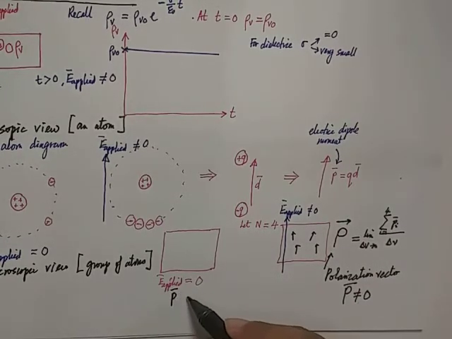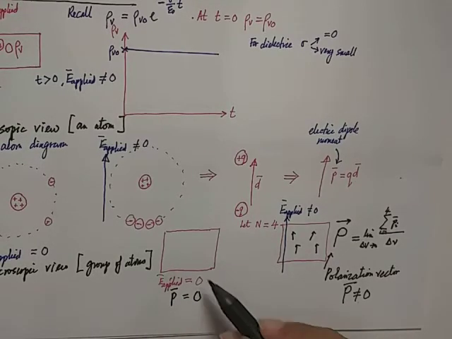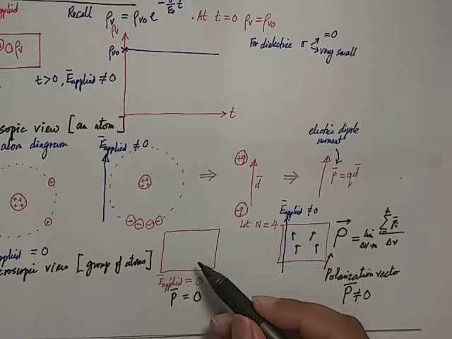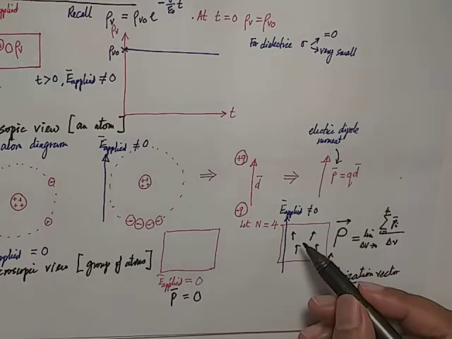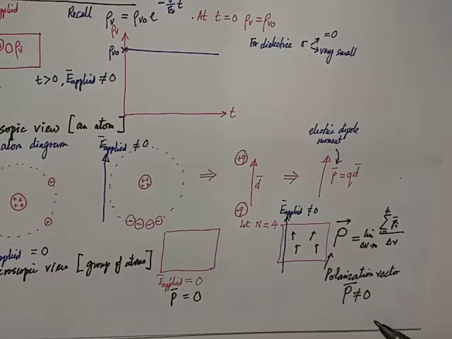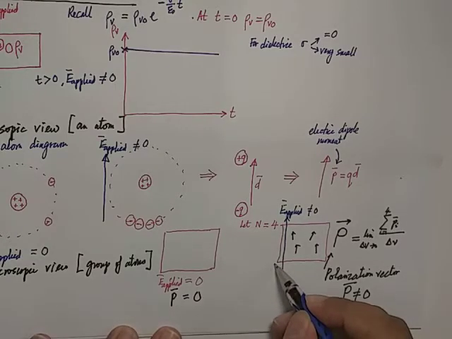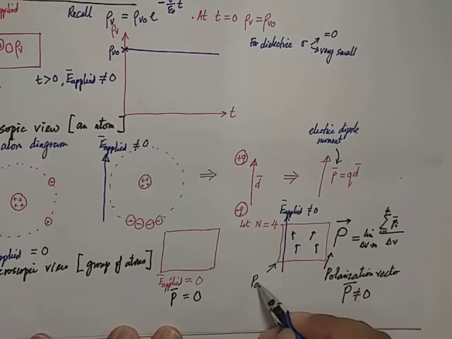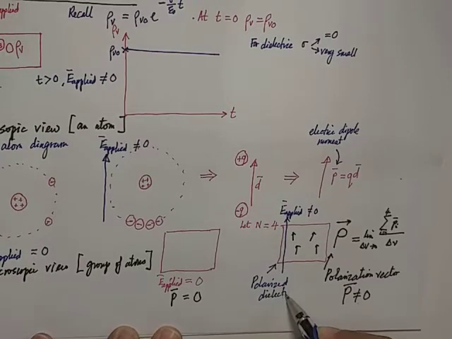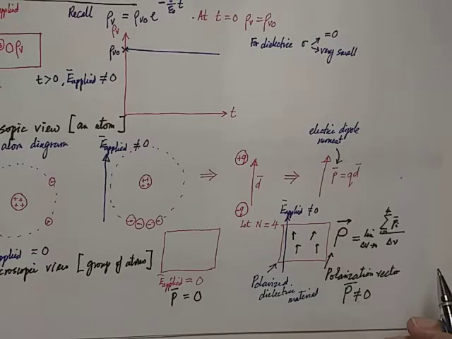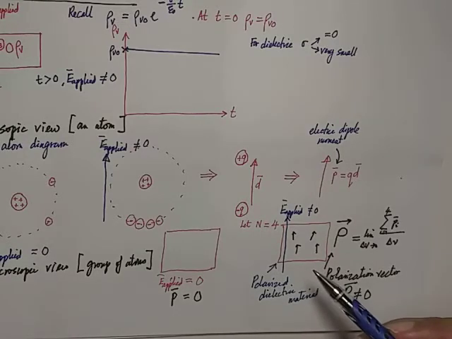So capital P is equal to 0 for the unexposed dielectric material, whereas the dielectric material exposed to the electric field produces what we call the polarization vector. It's not equal to 0. Due to that, we name this dielectric material on the right the polarized dielectric material.